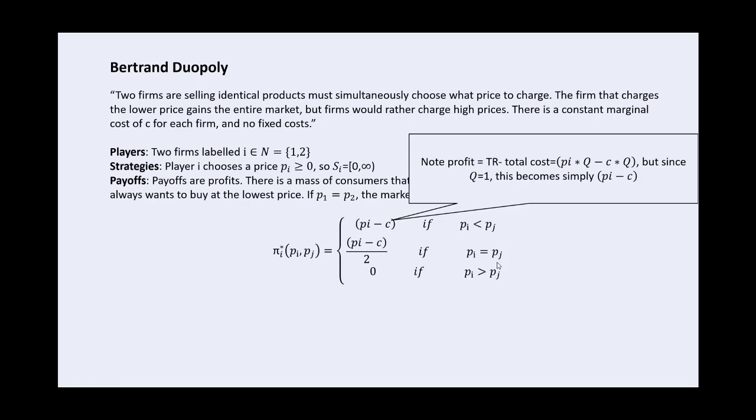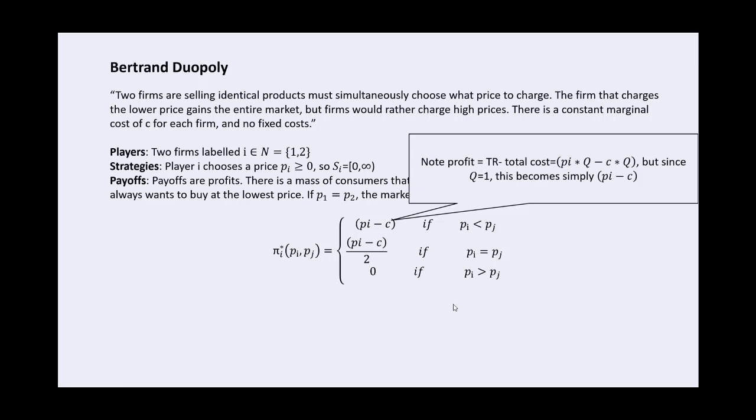How about the second case, when p_i is equal to p_j? I mentioned that the market is split half-half, so consumers are indifferent between the two firms, and each firm would get 1/2 share of Q. Hence, we multiply 1/2 to price minus marginal cost.